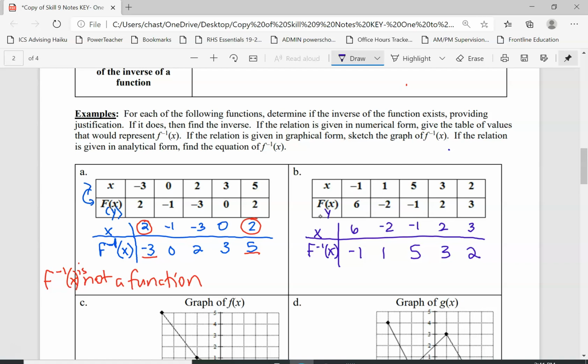Once I switch them around, I look to see, oh, all my x's are different, so that's good. So therefore, it looks like I have a function. So f inverse is a function.